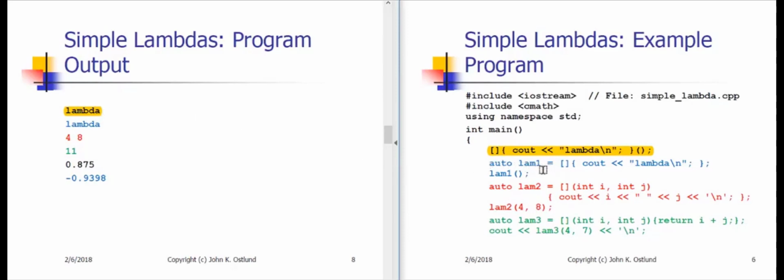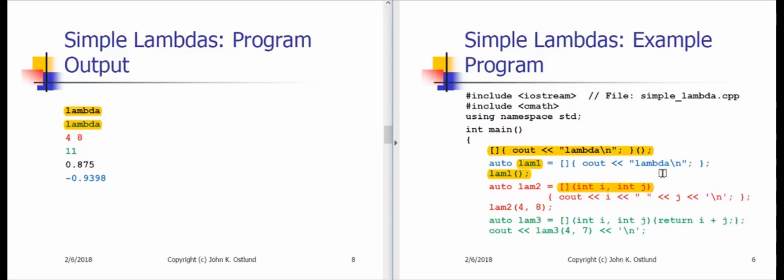In the blue code on slide 6, we're giving a name to this lambda definition. We're going to call it lam1, and then we're going to call lam1 with the function call operator, and this time we get lambda again in the output. That's the blue copy of lambda. lam2 is a lambda that takes 2 int arguments and uses those int values for some purpose.